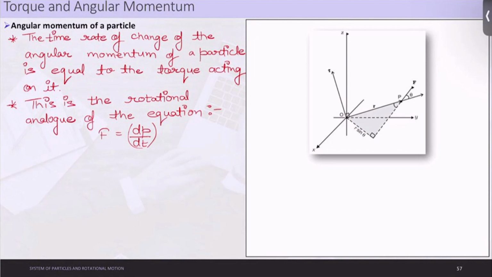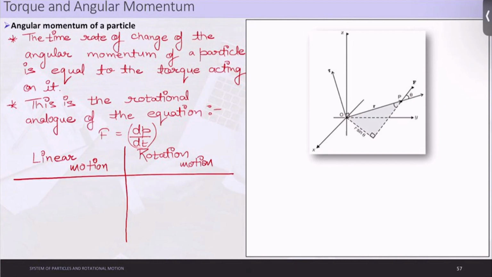Okay, so till now, what are the different concepts which we have understood, which were analogous in linear motion and rotational motion? Here basically we have related first of all velocity with angular velocity, then acceleration with your alpha, then force with your torque, then next is your linear momentum with angular momentum, and now here we write force is nothing but equal to dp by dt, and here we wrote torque is nothing but equal to dl by dt.